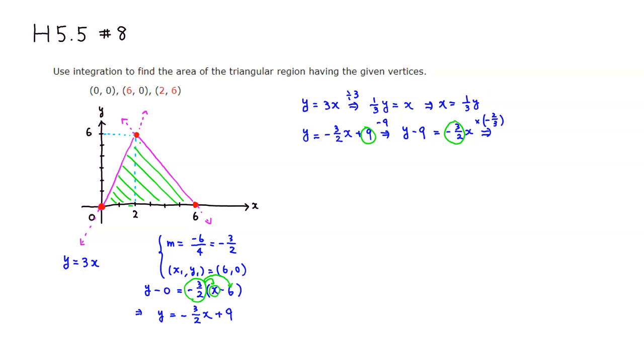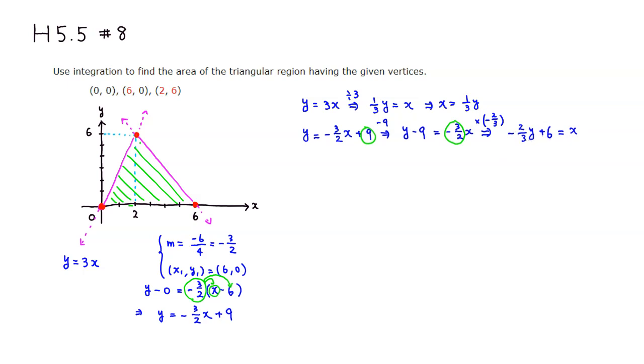So you're going to get negative 2/3 y, and then a negative times a negative is positive: 9 divided by 3 is 3, 3 times 2 is 6. And that's going to be equal to x. So we have x equals negative 2/3 y plus 6.